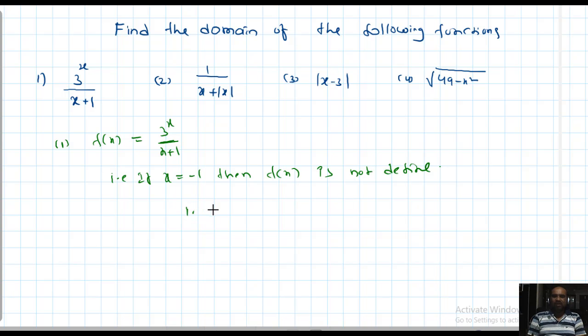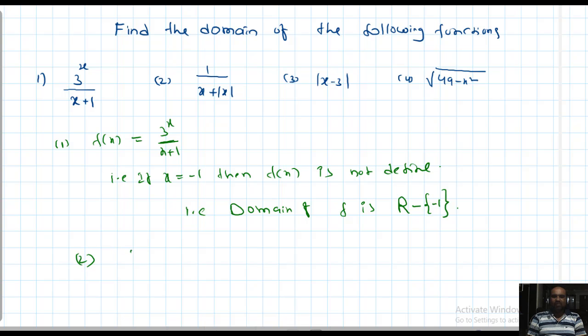That is the domain, anything you can take instead of x except minus 1. That is, the domain of f is all real numbers except minus 1. Okay, this is the first problem.